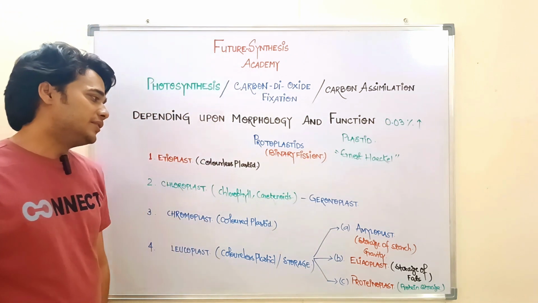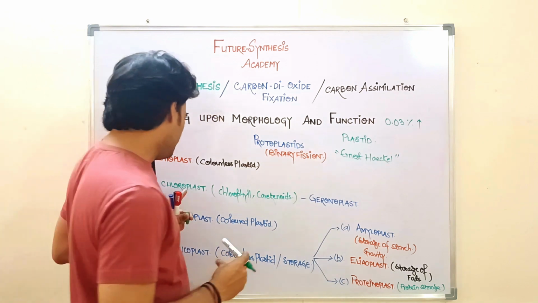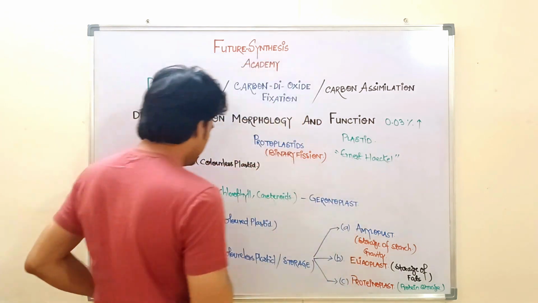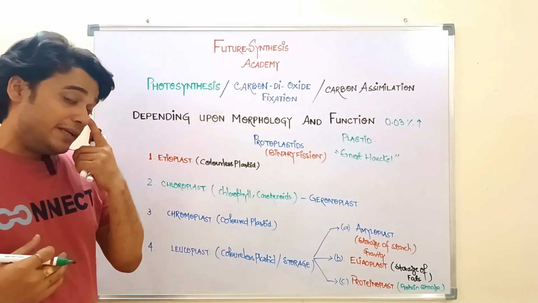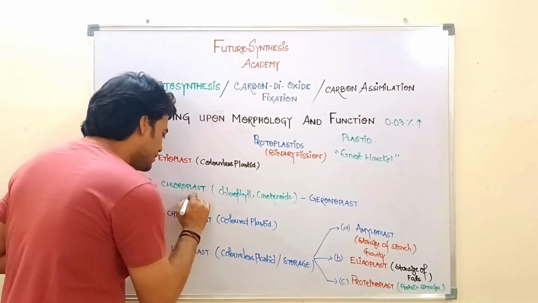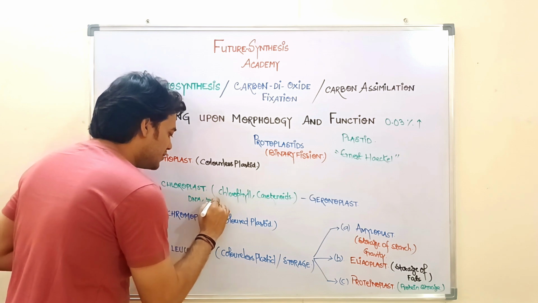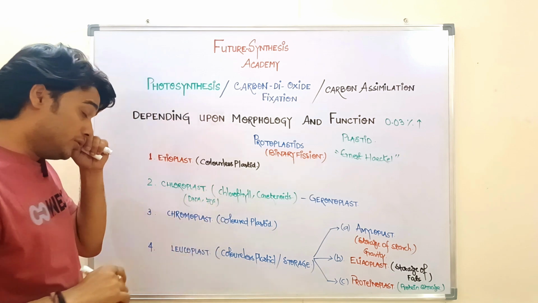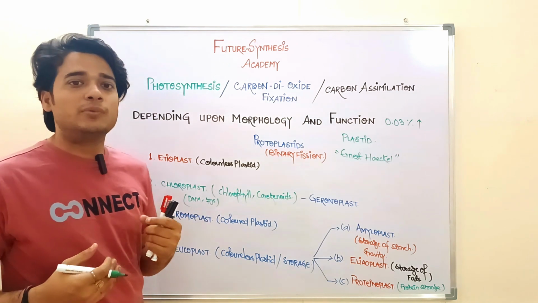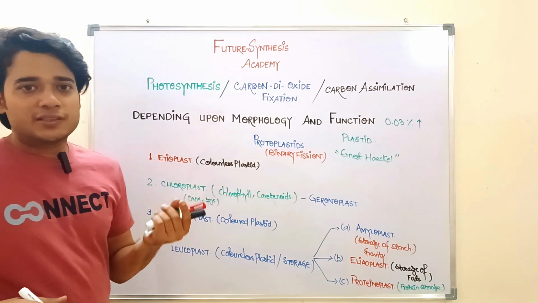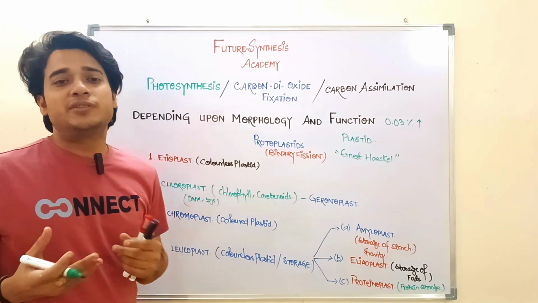And the chloroplast, because we know that the chloroplast contains its own DNA and 70S ribosome. Because of the presence of its own DNA and 70S ribosome, it is able to perform replication, transcription, and translation.